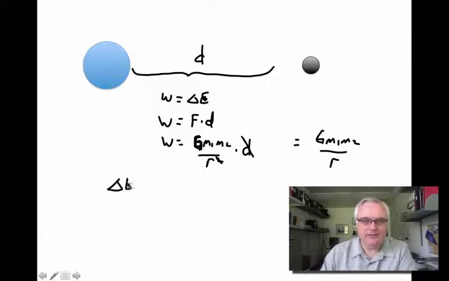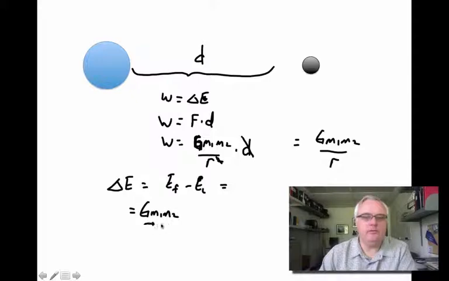So the change in energy of this object is going to be the final minus the initial. Change in any quantity is final minus initial. So we would have G times m1 times m2 over r final minus G times m1 m2 over r initial.